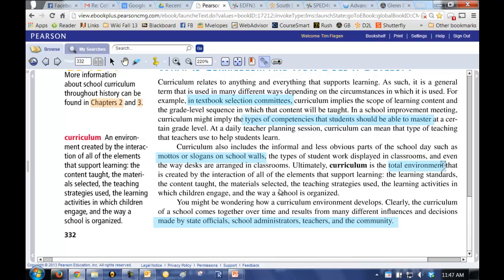Learning standards, the content taught, the material selected, the teaching strategies used, the learning activities in which children engage, and the way school is organized. That's curriculum, and that's what fits over here.